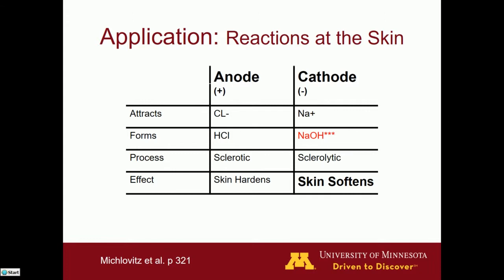And this results in the skin softening, and that's what causes tissue breakdown. This process happens no matter which ion is used for treatment. So you're going to get these reactions no matter which medication you're using. It's the ionization occurring at the extracellular fluid from the direct current that is having the effects on the skin.